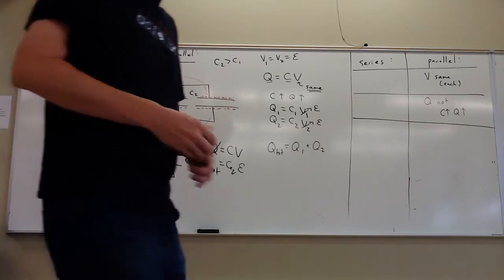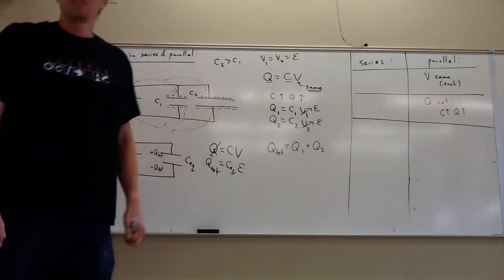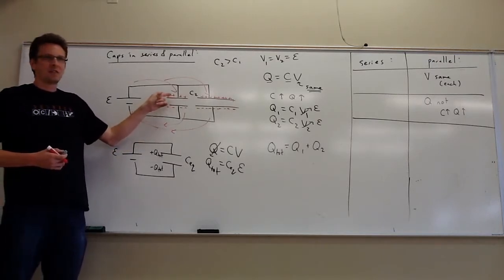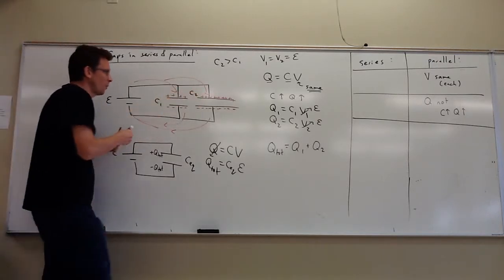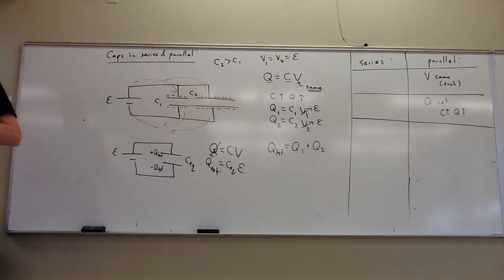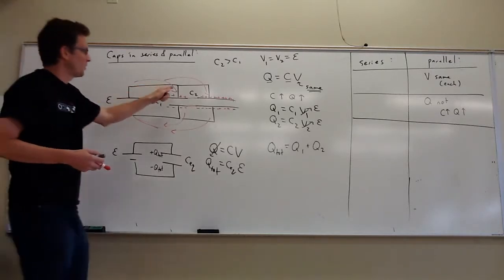If you want to think about this conceptually, you can think of these two storage devices almost like two parking lots for charge. Two parking lots means one big parking lot, right? It just happens to have two entrances, right?